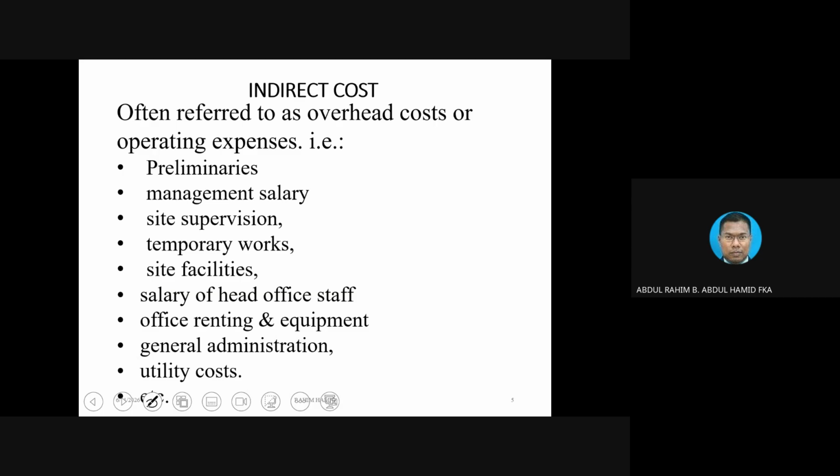Another name for indirect costs is overhead costs or operating costs. What do they pay for? They pay for preliminary items. If you open any contract document, you will see a section of preliminary items, and those items are normally paid under the indirect costs.